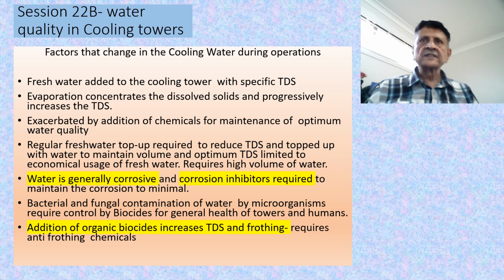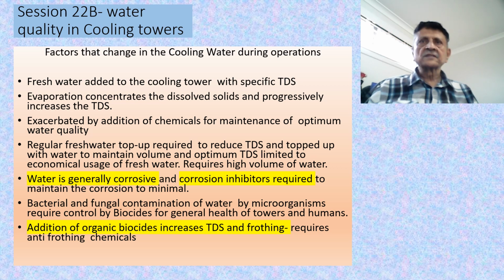Then you have scaling inhibitors, and whenever there is organic material, particularly because of organic chemicals in the biocides, there will also be foaming. So we have to have foaming chemicals or foaming inhibitors. We have to top up regularly with fresh water to maintain the optimum volume, or to blow down or remove the water that is very high in TDS and top up with fresh water so that the TDS is also maintained to a certain level.